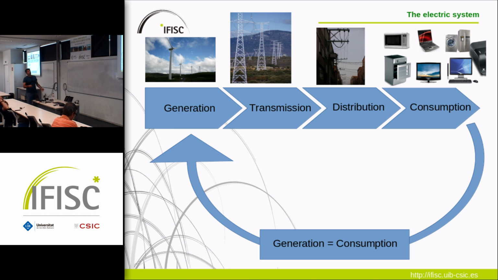And of course, consumption and generation are linked in the sense that nowadays there is no massive storage of electricity. So the key point here is that at every moment in time, generation has to be equal to the consumption. Otherwise you have a problem. And that's the key point here in the control of the power grid.